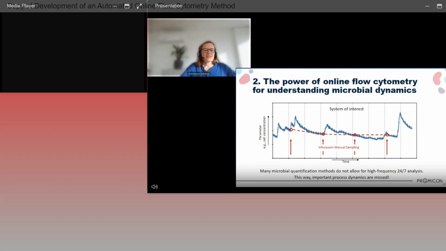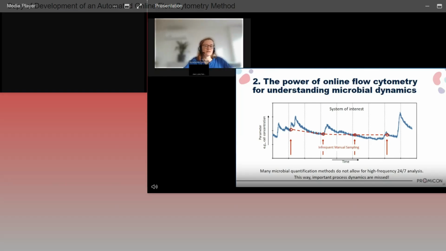And there are not many methods you can use to actually track these processes. So often researchers just take a manual sample, like Juan said, I don't know, maybe once every day. And if you take it at the wrong times, as you see here in the red line, maybe you think there's no dynamics going on at all, while in the background, the real dynamics are hidden just because of the inadequate sampling and analysis method you use.